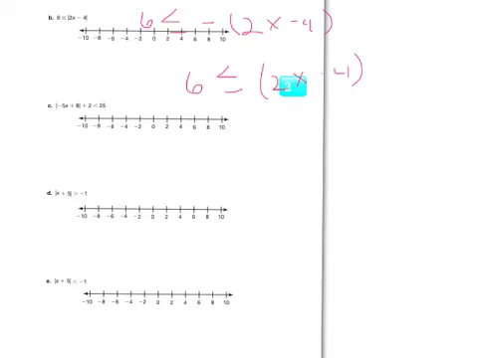And you're going to get rid of the parentheses, solve the problem. Remember, when you multiply or divide by a negative number, what happens to the signs? And that's how you're going to do all of these. Set them up with two possibilities, the positive side and the negative side, solve them and graph them. Some of these I think will be ands, and some of these will be ors.